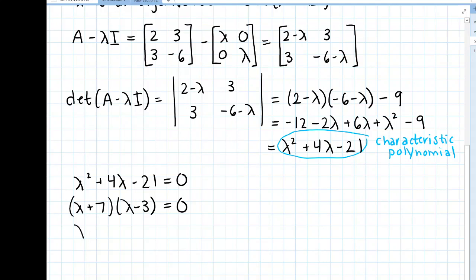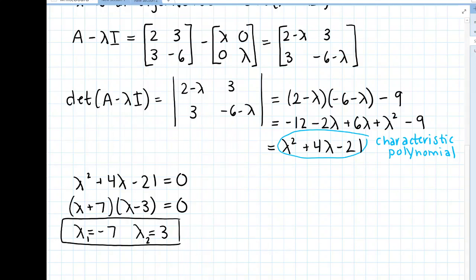And so this tells us that lambda is equal to -7, and lambda is equal to 3. So those are our two eigenvalues. And sometimes you'll label them like lambda 1, lambda 2, but it doesn't really matter too much.